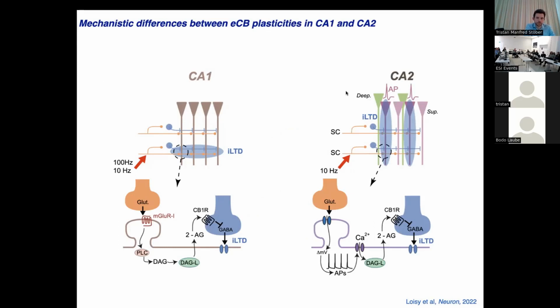In CA2, it's a very different dynamic because it's really linked to the cell itself firing. All the inputs coming onto that particular cell will have given off the 2-AG and caused the LTD at the incoming inputs. So it's interesting, with importance for the potential for encoding if you have cell-to-cell separate plasticity.